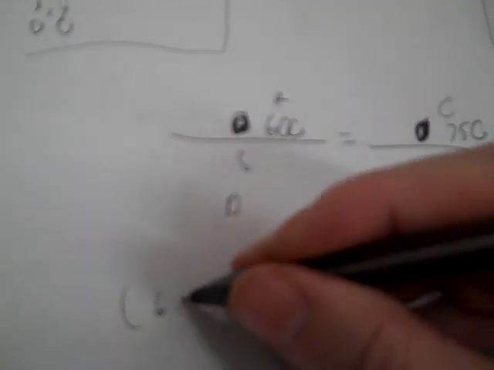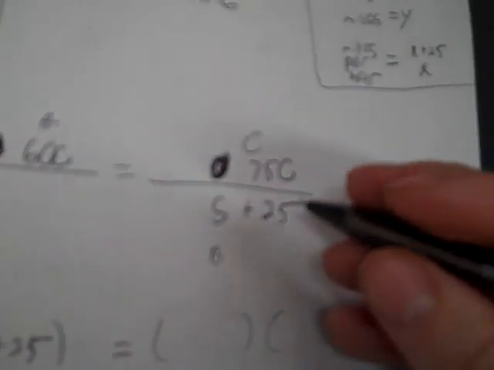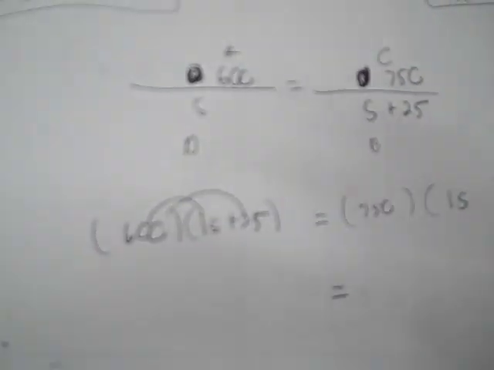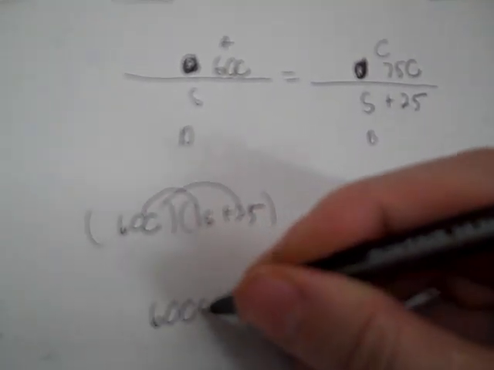Okay, so 600 is going to be multiplied by 1s plus 25, and then the 750 is going to be multiplied by 1s. Okay, so 600 times 1s is 600s, and then 600 times 25 is 15,000.